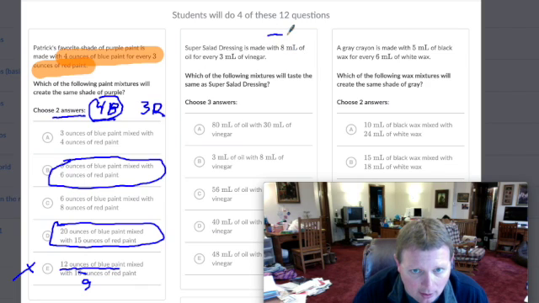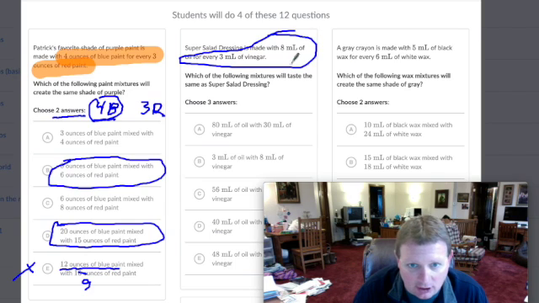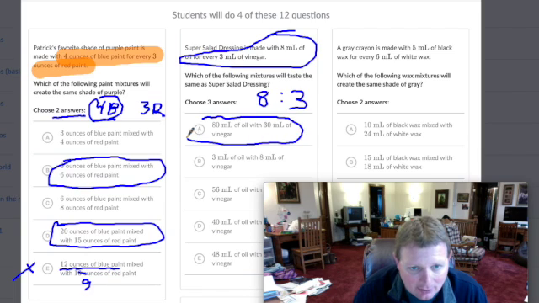8 oil, 3 vinegar. That's all you want. You just look. You ignore the rest. So you got 8 oil to 3 vinegar. If you multiply them both by 10, you would get 80 to 30. But you don't flip it. You don't do 3 oil to 8 vinegar.